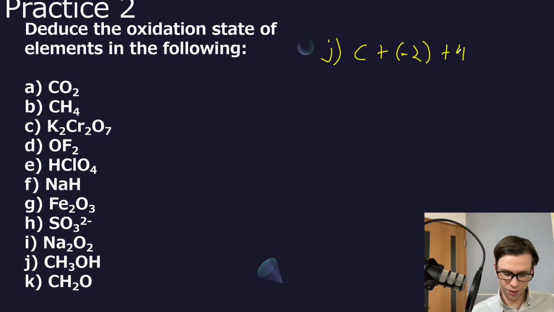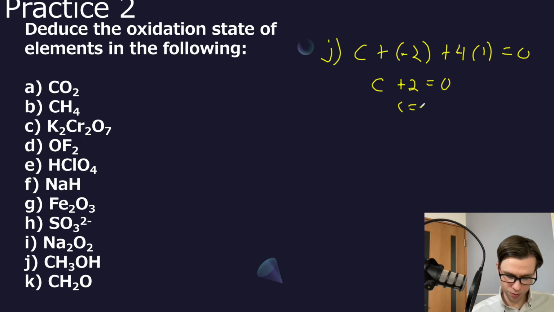They're all with non-metals, so they're going to go +1. This will be equal to 0. So we can simplify this a bit. -2 plus 4, C plus 2 equals 0. C equals -2.